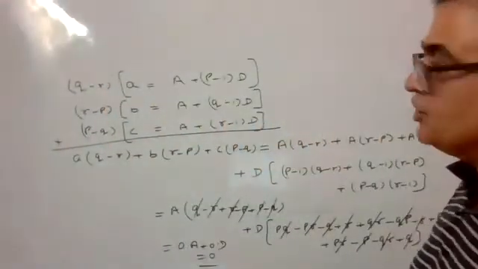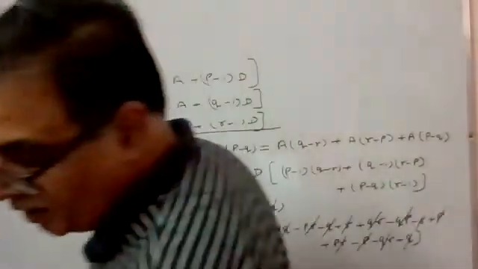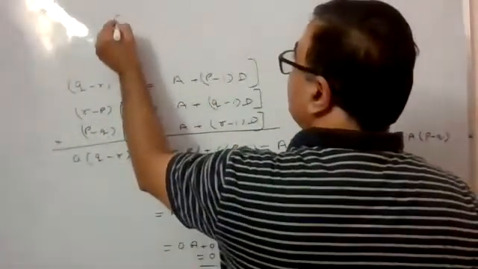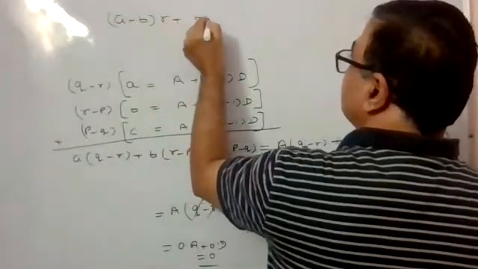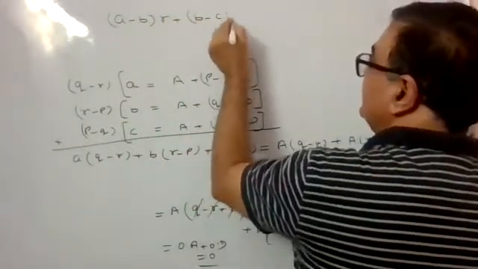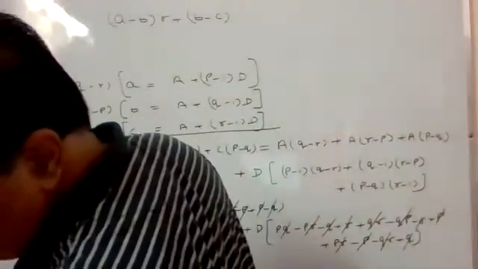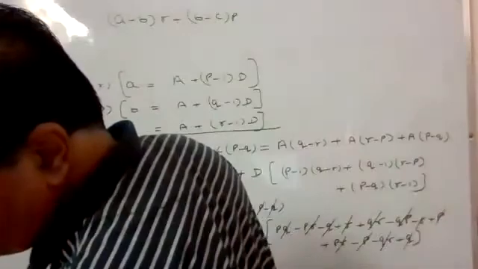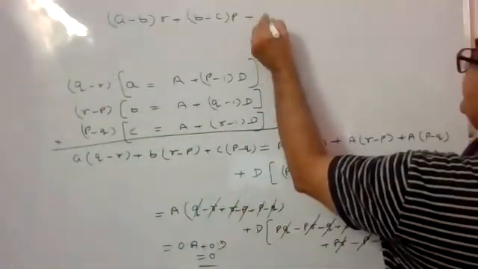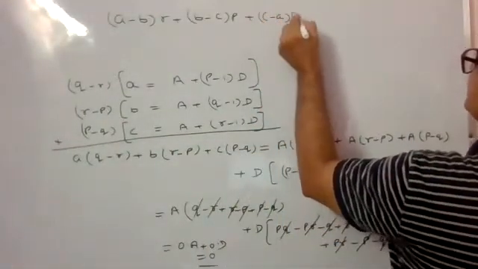In the same question, they can ask this also: prove that (a minus b) into r plus (b minus c) into p plus (c minus a) into q is 0.